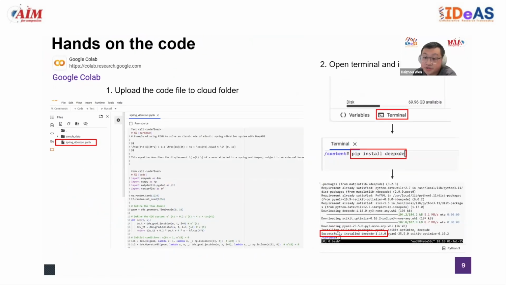Just like last time, we still use Google Colab to run the code. So the instructions are pretty similar, except we need to install DeepXDE manually on that platform, because our forward PINN code today is performed on that specific package. One thing you need to know is that DeepXDE is not the only way to implement a PINN structure.